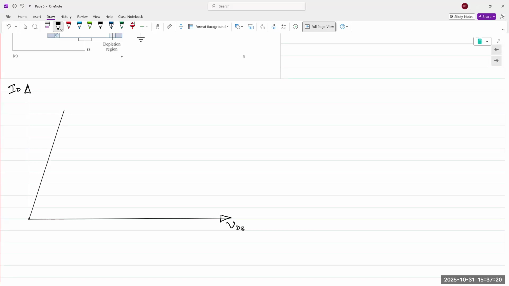Linear relationship, so it behaves like a resistor. And this is something we saw in the lab. For those of you who did perform lab 6, we saw this in the lab, right? It starts increasing linearly with increasing voltage. So voltage increases, current increases. But after a certain point, what happens? What did we see? We saw that it saturates.